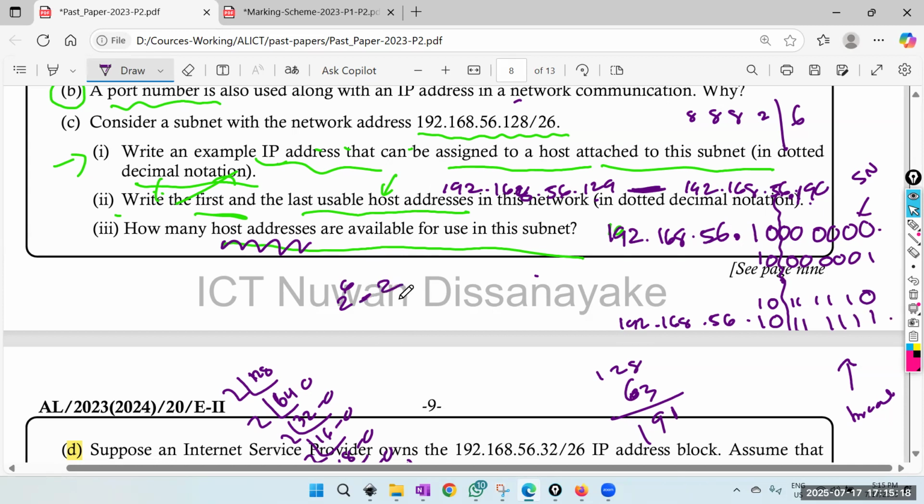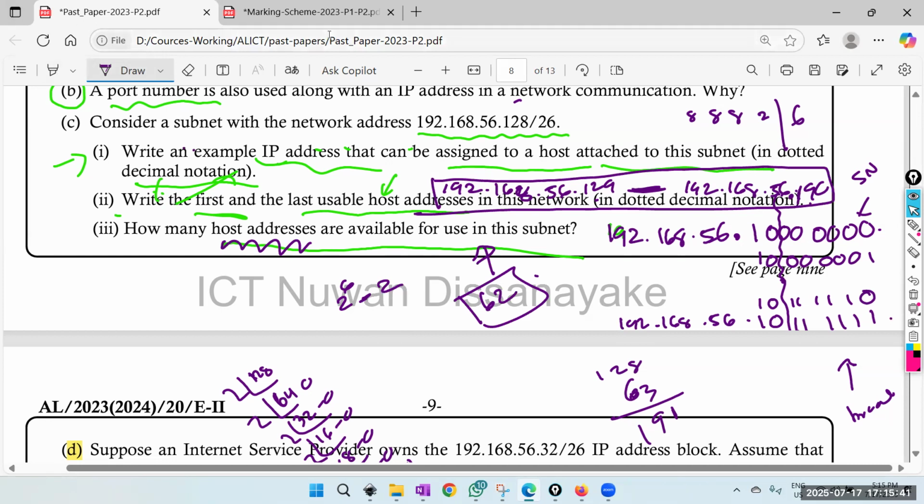That is 2, 4, 8, 16, 32, 64, minus 2, 62. Usable number of addresses is 62. So this is an answer, and these two or anything between is the answer for this one. Okay, right.